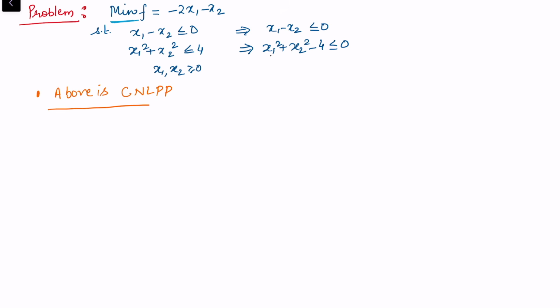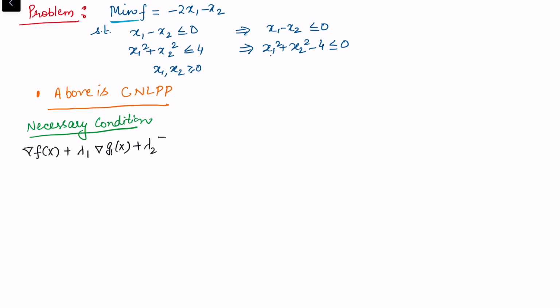Now, as the above is a convex non-linear programming problem, we will look at the necessary conditions. Sufficient conditions are already verified, so I will not write them now. The first is the gradient of f(x) plus, as there are two constraints, lambda 1 times the gradient of g1(x) plus lambda 2 times the gradient of g2(x), and put them equal to 0.